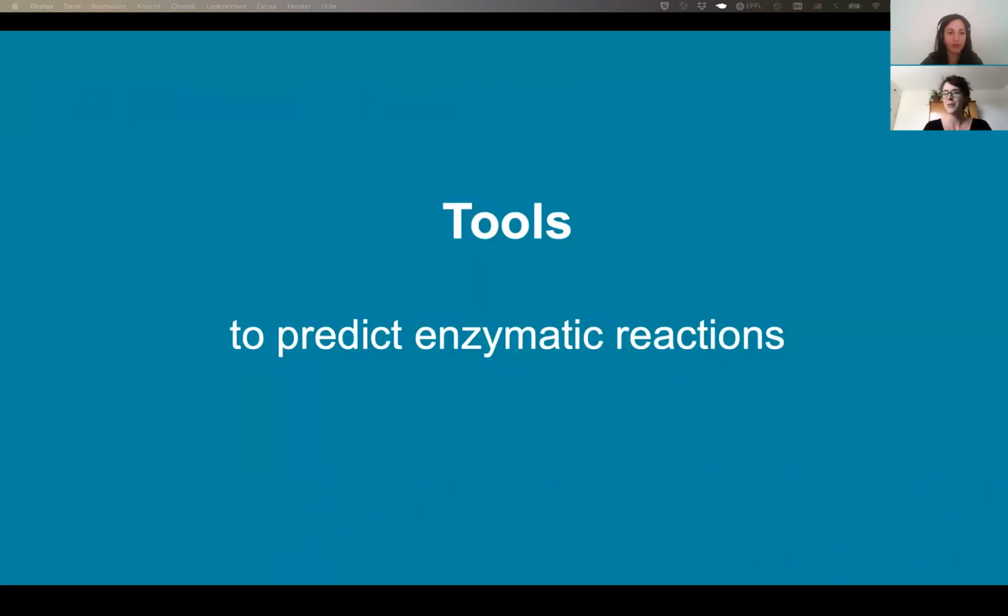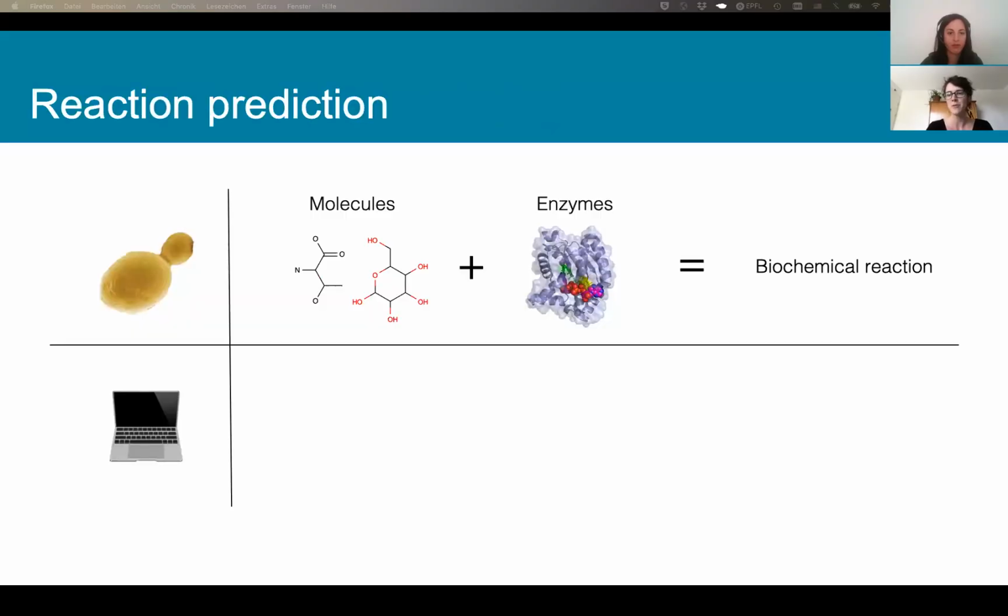So what are the tools that we can use to predict enzymatic reactions? It all starts with how we can do reaction prediction. If we want to predict reactions, we actually need somehow to encode the biochemistry into the computer.